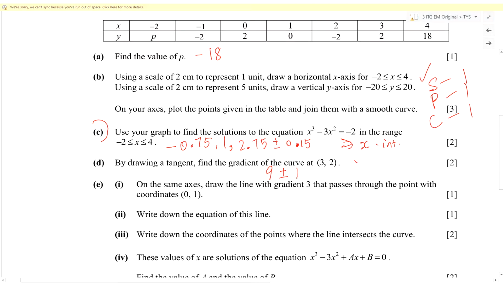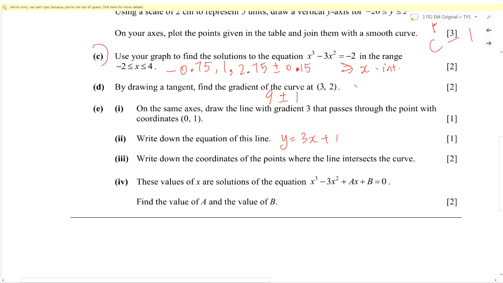Okay, now E part 1, gradient 3, passing through the point 0, 1. Some were inaccurate. Equation of a line, y equals to 3x plus 1. Coordinates, where it intersects. Coordinates refer to x and y coordinates.